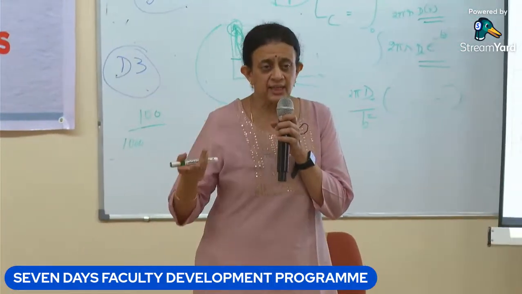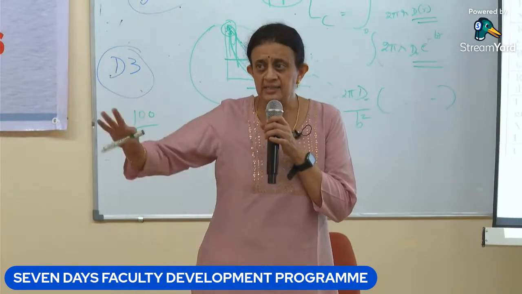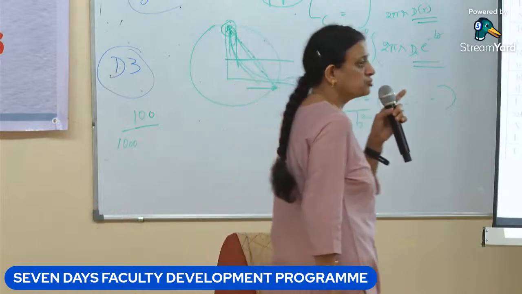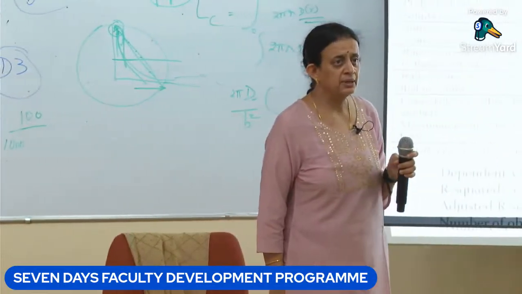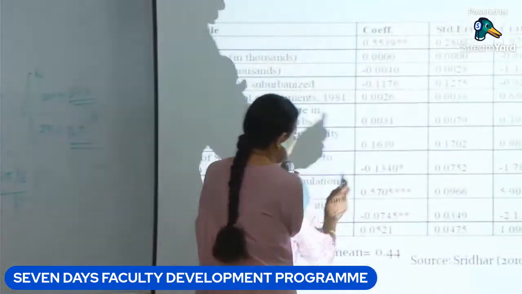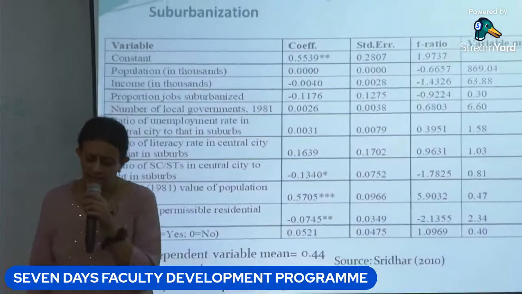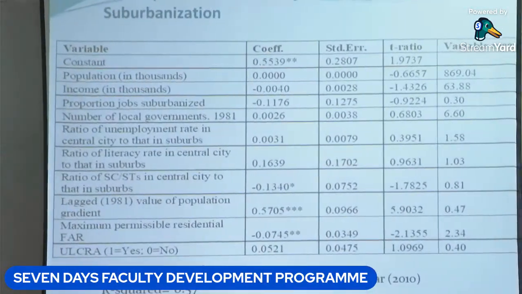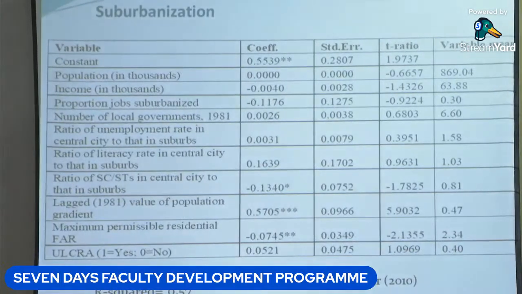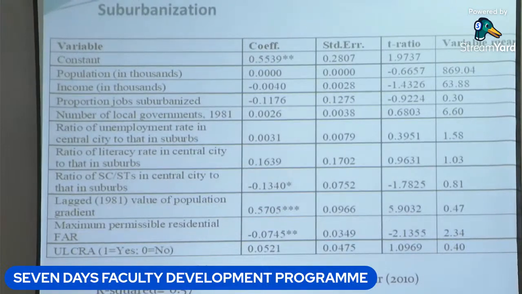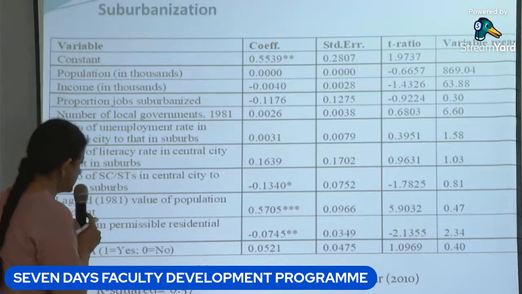So I was telling you that a low FAR unnecessarily expands the city, right? That is what this table is showing you. So what do we expect is the effect of the FAR on the density gradient? Here the population density gradient is the dependent variable and FAR is one of the independent variables.